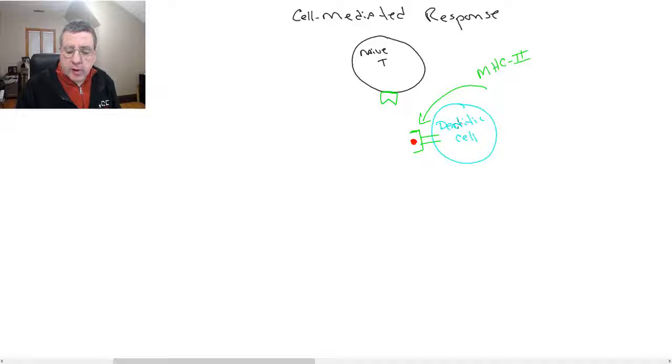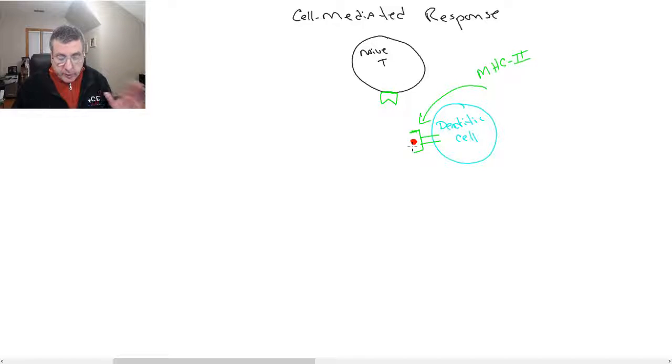The naive T cell is residing in your secondary lymphatic structure, such as a lymph node. The dendritic cell floating around your system comes across something, eats it, works its way to your lymph system, and it will present this antigen to the naive T cell.